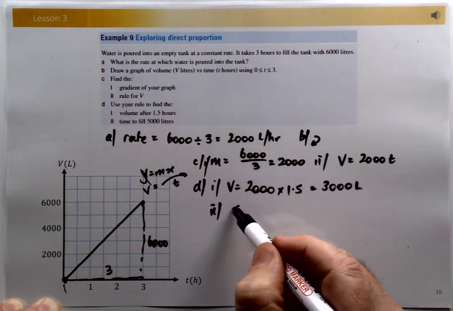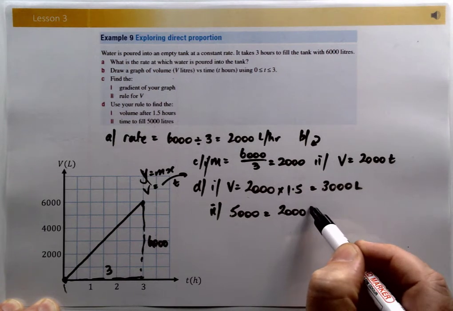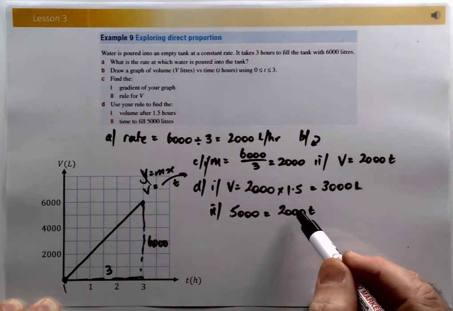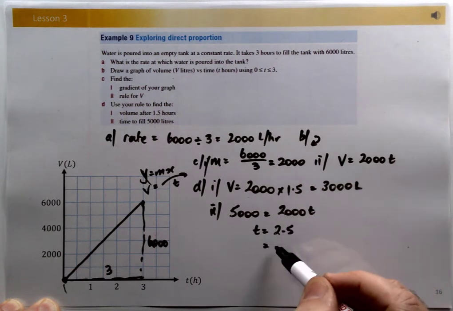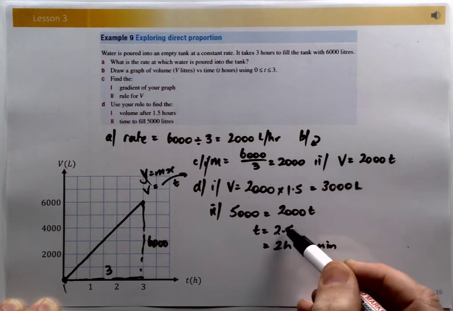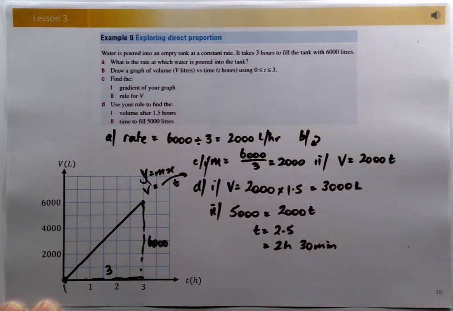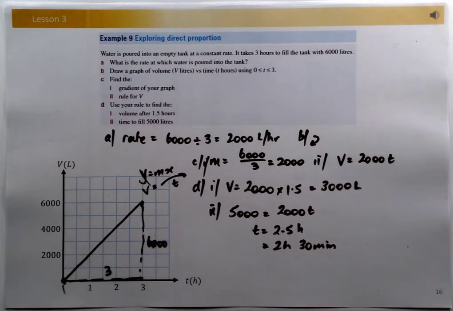This time we know that V, the volume, is 5,000. That's going to be equal to 2,000 times the time. Dividing that through, we're going to get 2.5, or 2 hours 30 minutes, whichever you prefer. Either 2.5 hours or 2 hours 30 minutes.